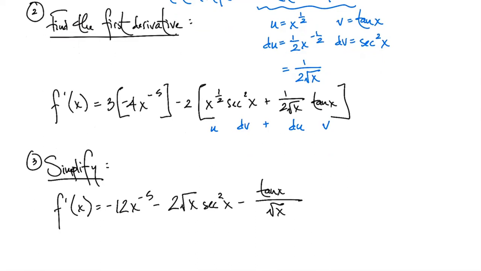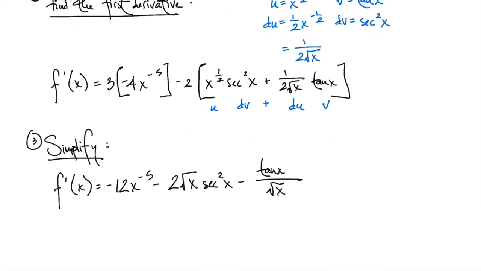Now I did quite a few steps in here, so let me pause for a moment and see if there are any questions about where this number went or where this number came from or where the sign came from. And then we'll do one last cleanup before we box off our answer. That's the last thing we're going to do. We're going to turn that first term into negative 12 over x to the 5th.